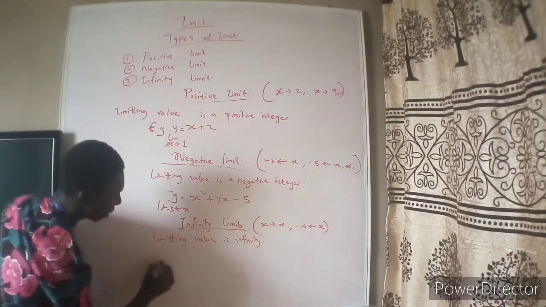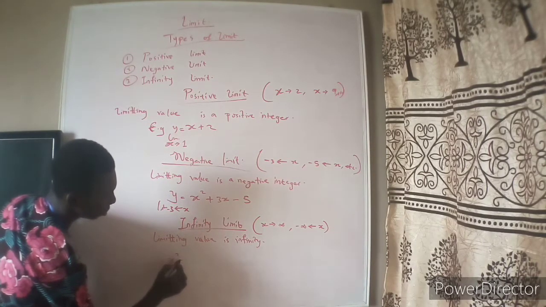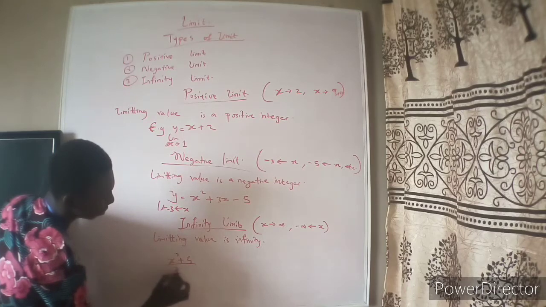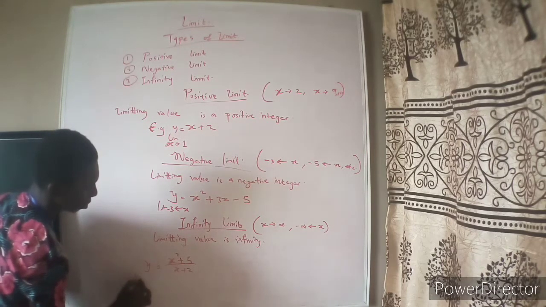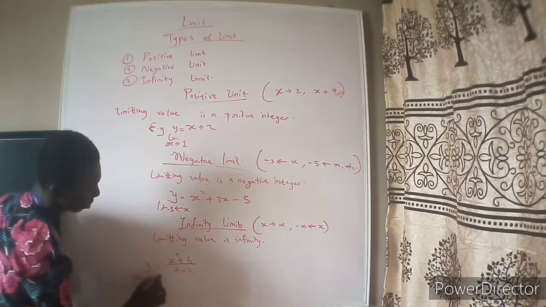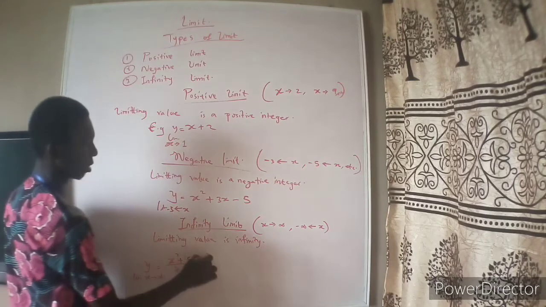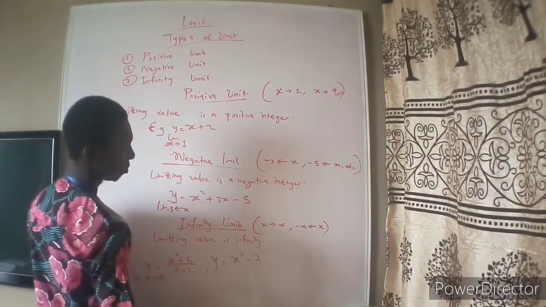So this is when I have, for instance, let me say x cubed plus 5 all over x plus 2 equals what? Let's say limit x to be infinity. Or the same question, y equals, let me just say x cubed minus 2.